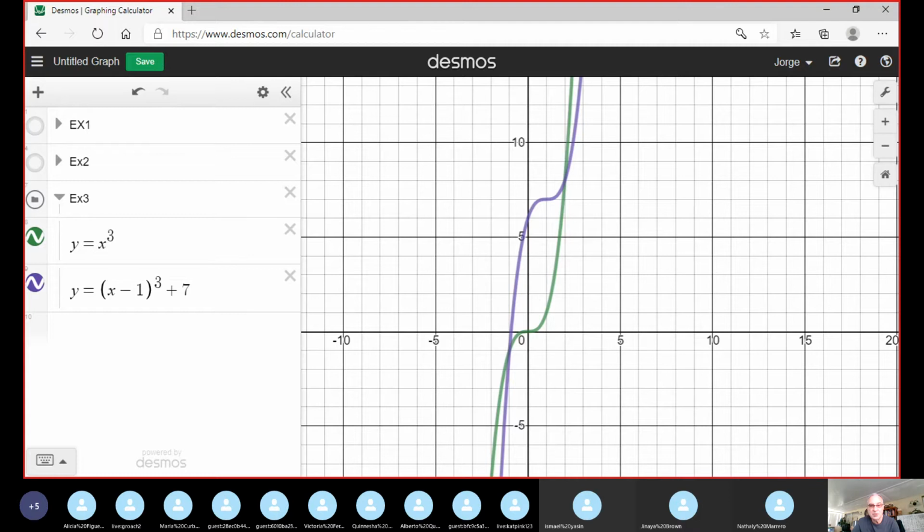In this moment, do you see the board or do you see Desmos? Desmos. Okay, board. Okay, this is example 4. Example 4 is confusing, very confusing. Example 4 is f of x.